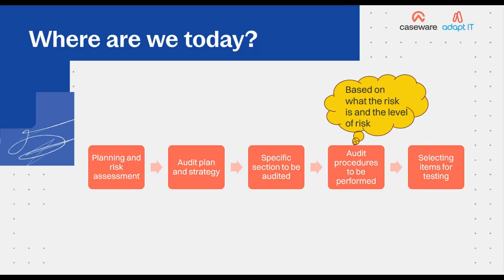And then for each specific section, we went ahead to plan what will be audited and how we will audit it. We looked at the audit procedures that need to be performed. This is obviously not something we've done yet because in our series this year, we're focusing on the new users. So you might still just get the audit program to tell you this is the work program, these are the audit procedures that you're going to perform, and that's that.